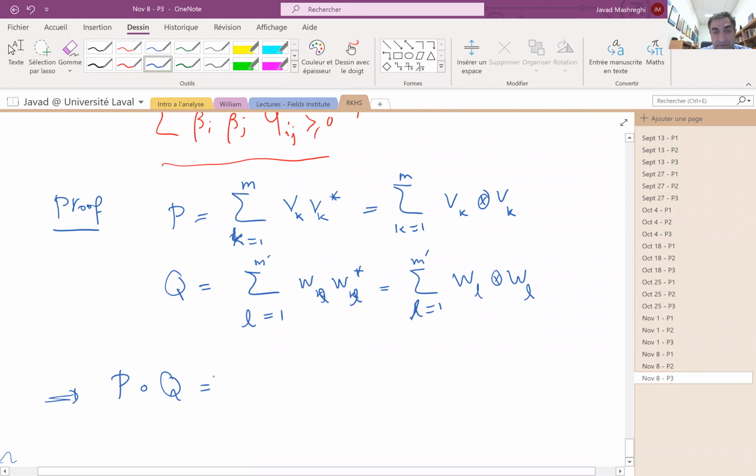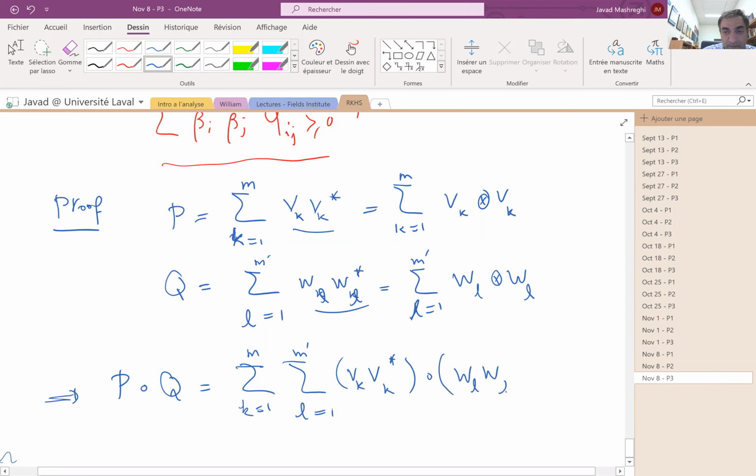It is distributive. It will be the sum over k, sum over l, of, I mean, add up one of these notations. For example, I just write the first one to favor linear algebra, V_k V_k star rond W_l W_l star.